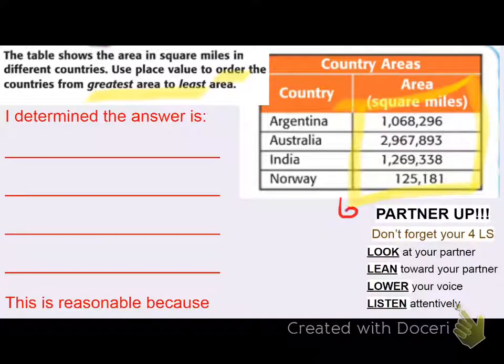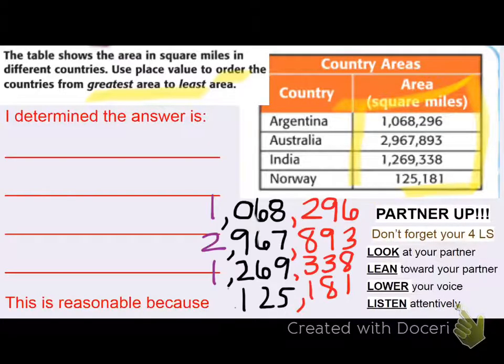So I'm going to start with the first one, Argentina, and I'm going to start in the ones place and line up each of those digits so I can easily compare. Now that I've lined up the numbers with the ones place, step 2 tells me to look at the greatest value. Well, the greatest value here is in the millions period, and I can see that I have a 2 million. 2 million is larger than 1 million.